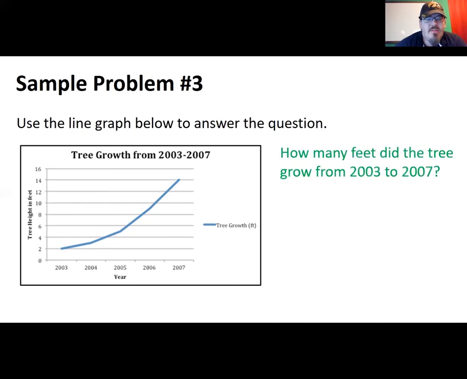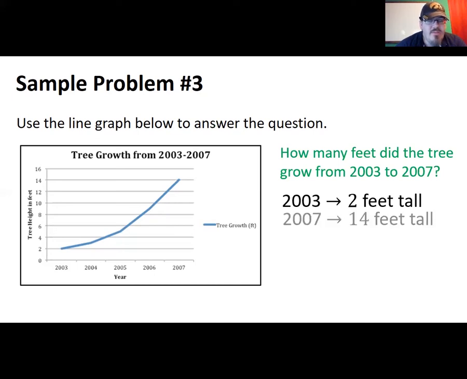All right, the next one says, how many feet did the tree grow from 2003 to 2007? So again, just another little twist on the types of questions that you might see when you're talking about different types of graphs. So in order to answer this question, what we need to know is, what was the height in 2003 and what was the height in 2007? So in 2003, the tree was 2 feet tall.